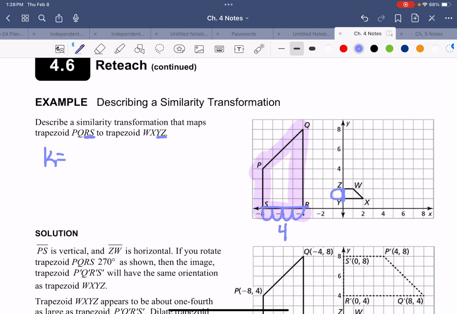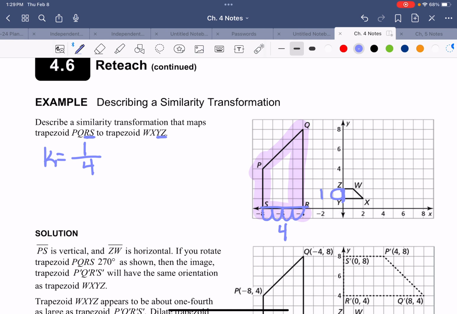My length of ZY is 1. So when we reduce it, remember when we're making it smaller, the smaller number goes on top and the larger number goes on the bottom. So we have a K factor of 1/4. Okay? Now, does it look like that's my dilation?